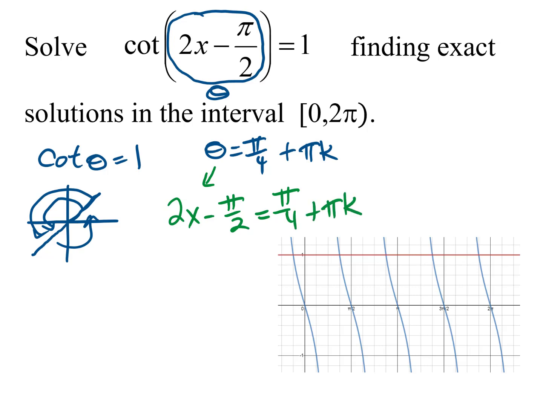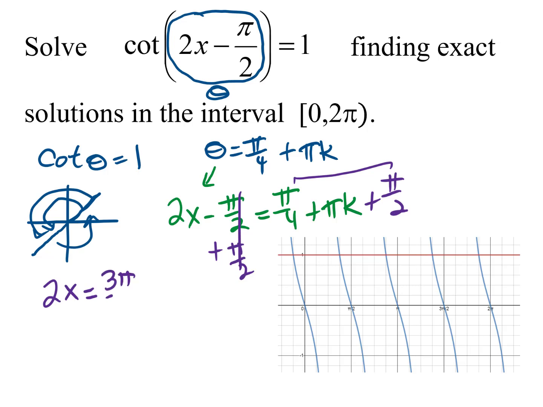Now we're going to do the algebra to solve for x, so we're going to add pi halves to both sides. And then let's go ahead and combine those. So we're going to have 2x equals adding the pi fourths plus the pi halves, that's 2 pi fourths, plus another pi fourths is 3 pi fourths, plus pi k.